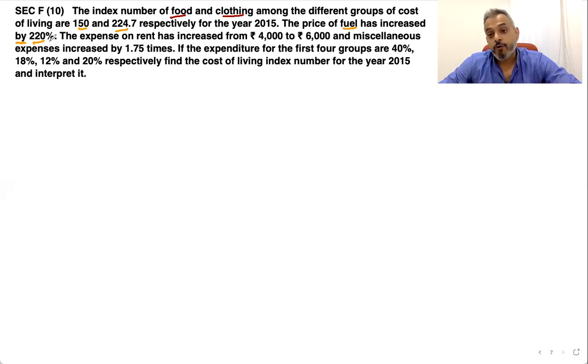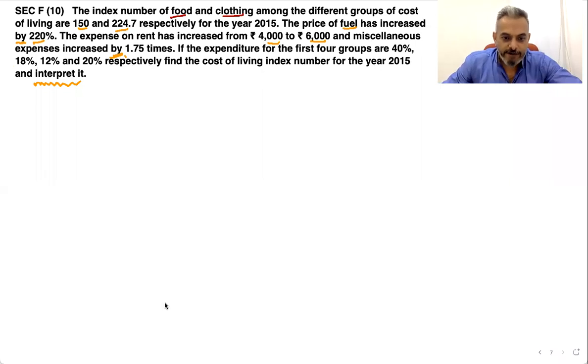Expense on rent has increased from 4,000 to 6,000, so we have to find index for it. And miscellaneous expense increased by 1.75 times. If the expenditure for first 4 groups are 40, 18, 12, and 20 respectively, find the cost of living index number for the year 2015 and interpret it.